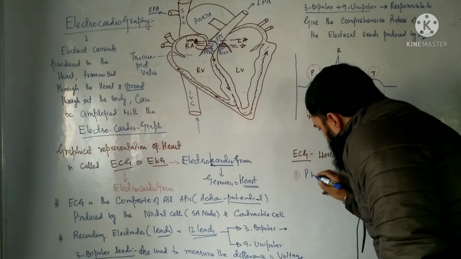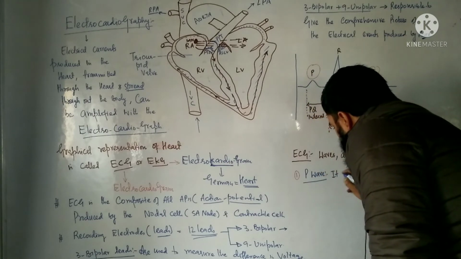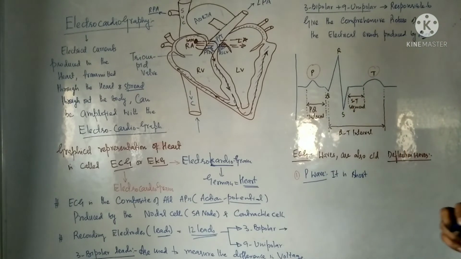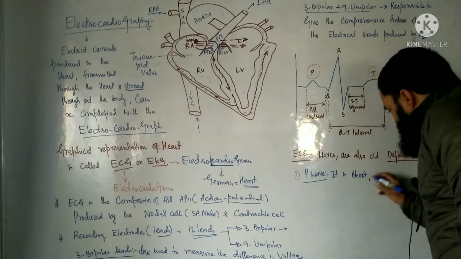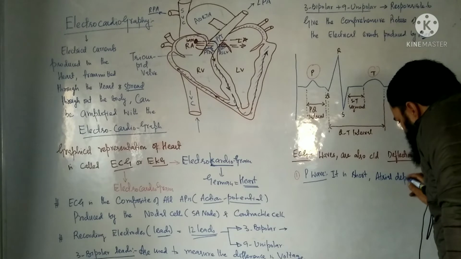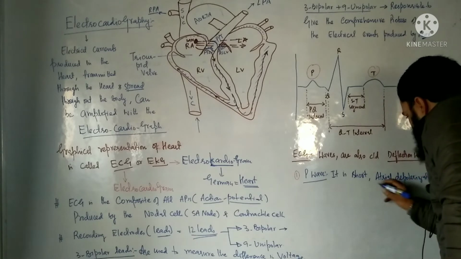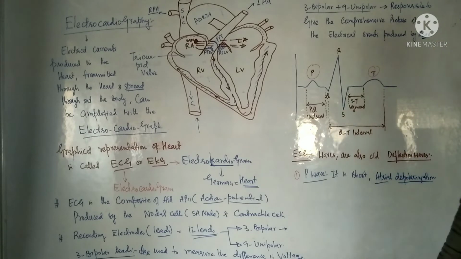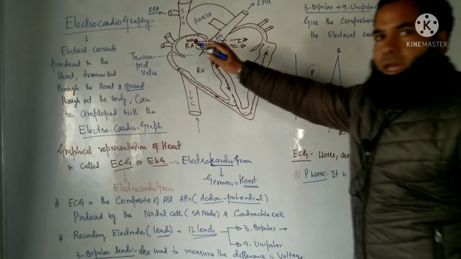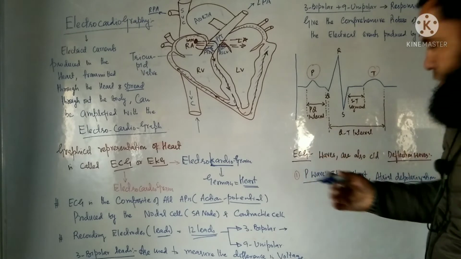The P wave is short and it represents atrial depolarization. Remember these points. It represents atrial depolarization. So actually the SA node gets stimulated of its own, and it produces a wave of deflection.